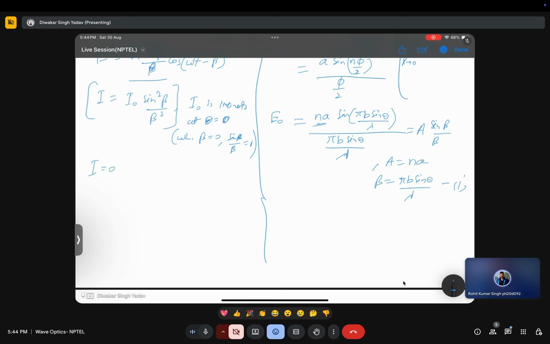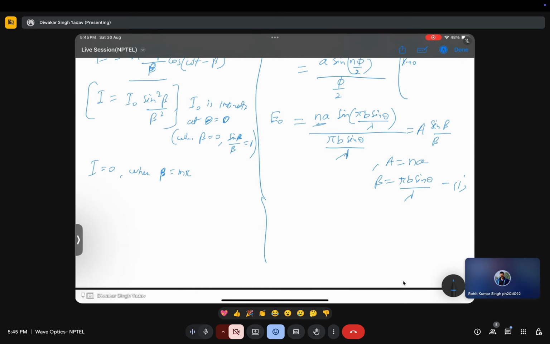This intensity will be 0 only when beta is equal to an integral multiple of pi, right? Because then the sine is 0 and you get intensity 0.